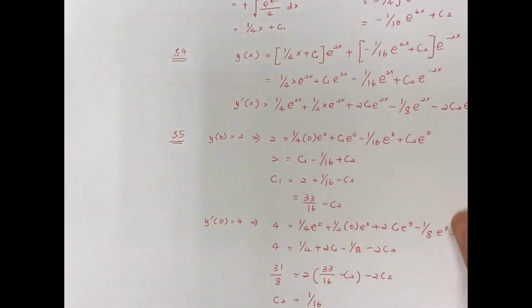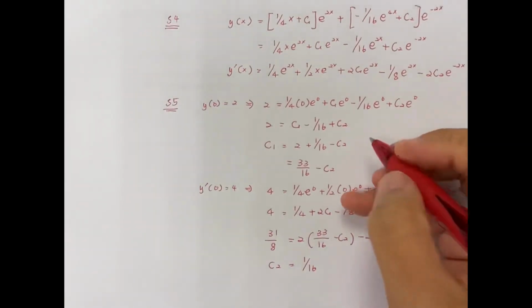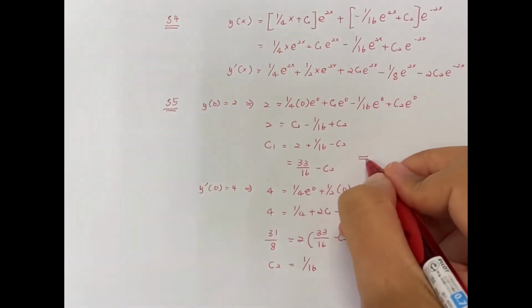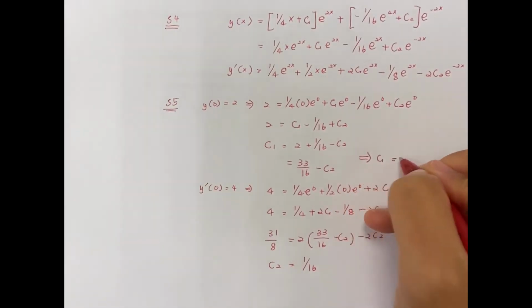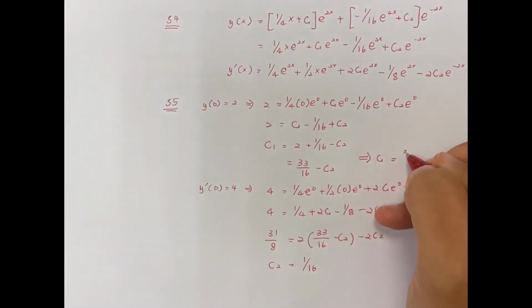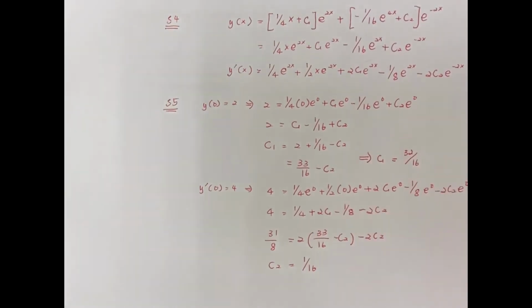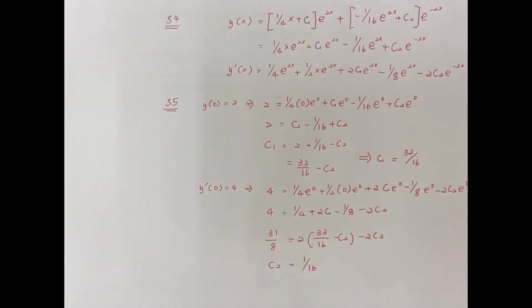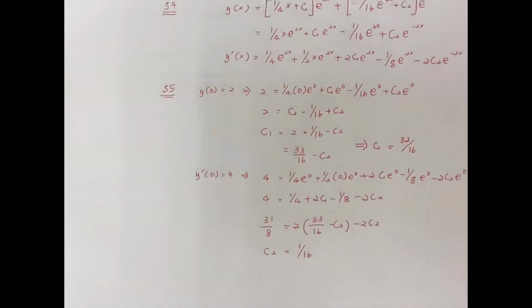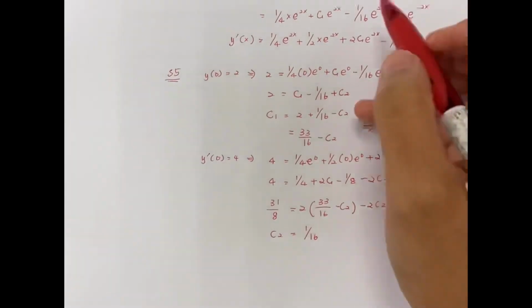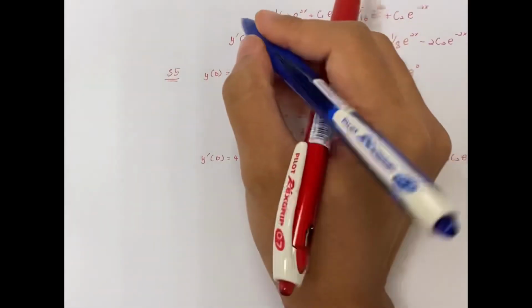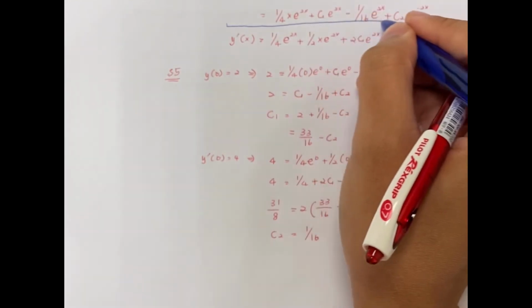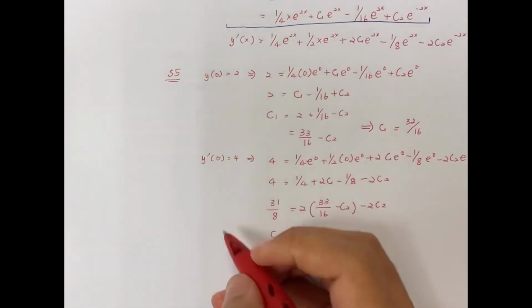When your c2 is equal to 1 over 16, your c1 is equal to 32 over 16. Substitute c1 and c2 into this. So you have your c1 and c2. Substitute all your c1 and c2 into your y(x) here, for the last answer.